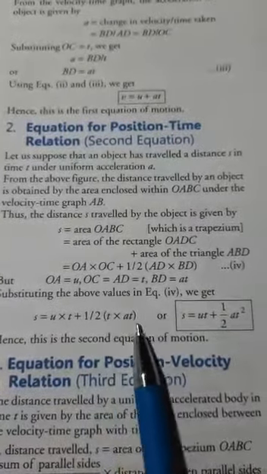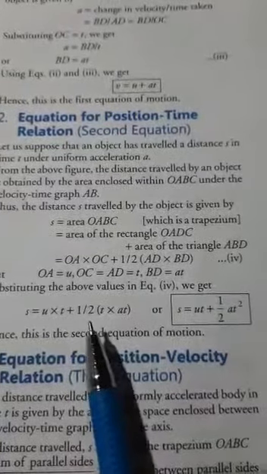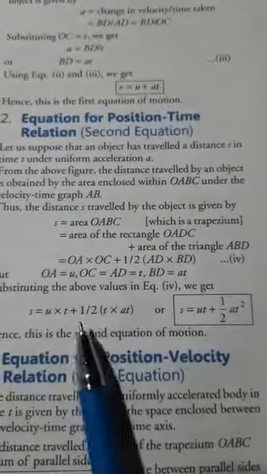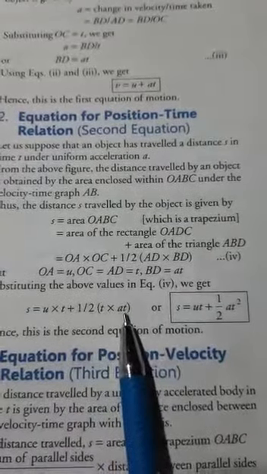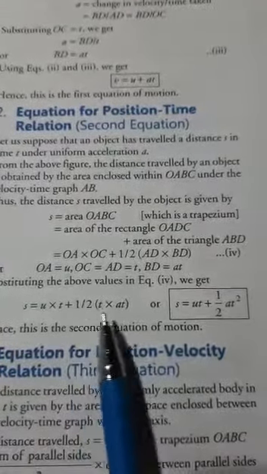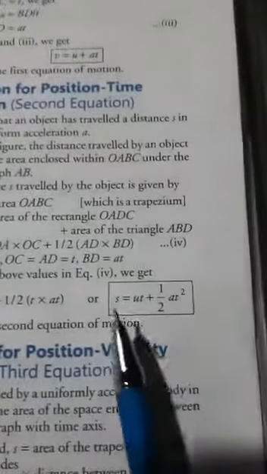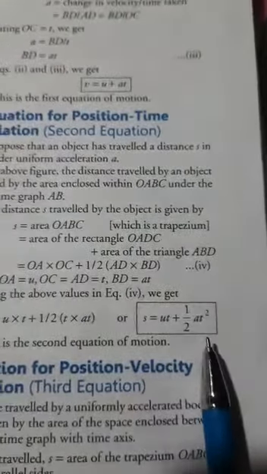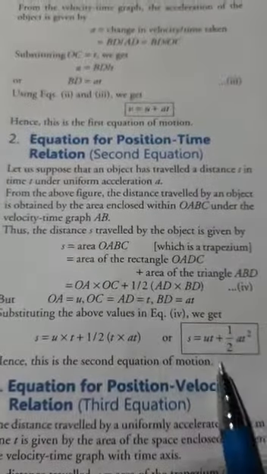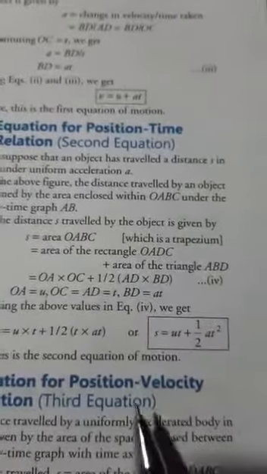Now we will open the bracket. Then from here we get ut plus half a t into t is t square, half at square. Then s is equal to ut plus half at square.